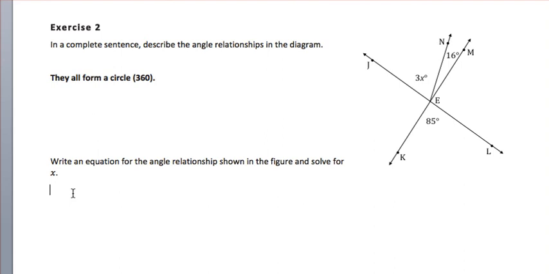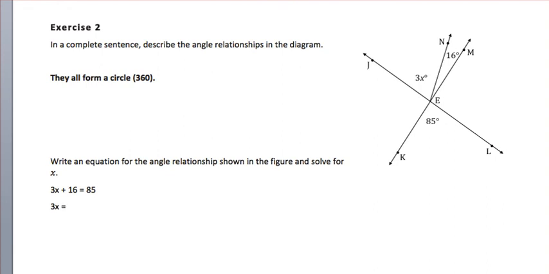So our equation then would be 3x plus 16 equals 85, since these two angles are vertical and vertical angles are congruent.